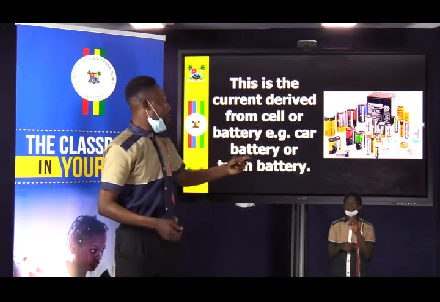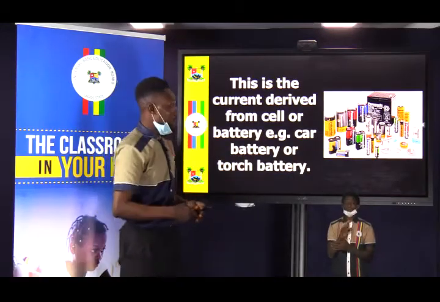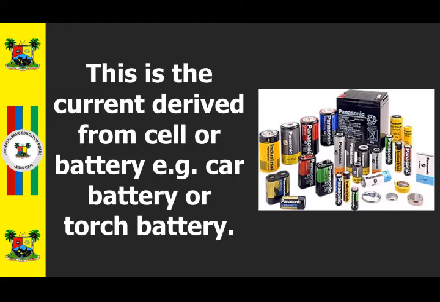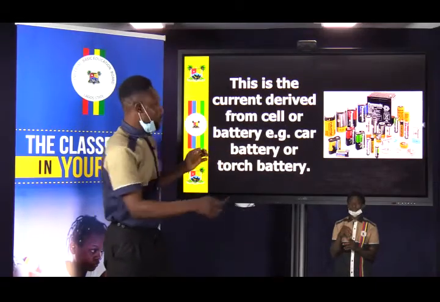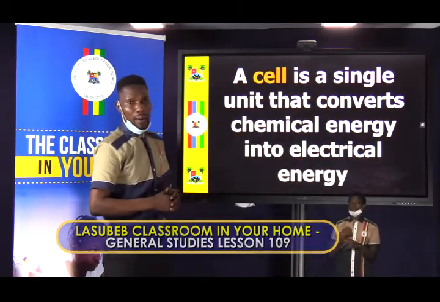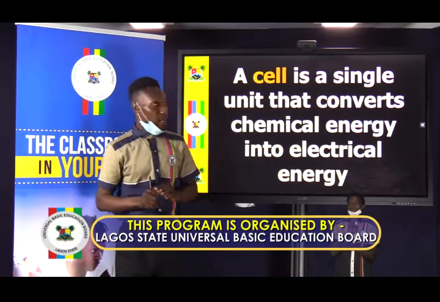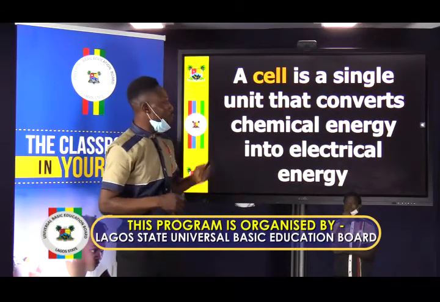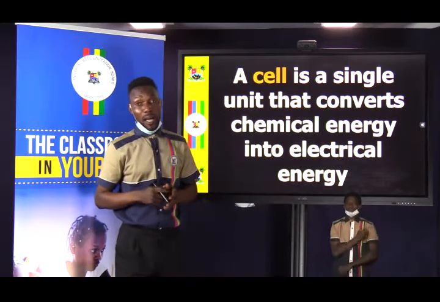When we say cell or battery, we are referring to maybe your car battery or your touch battery, which gives you certain power. So when we talk about a cell, what are we talking about? C-E-L-L. A cell is a single unit that converts chemical energy into electrical energy.